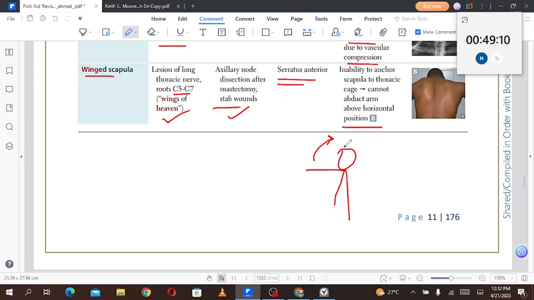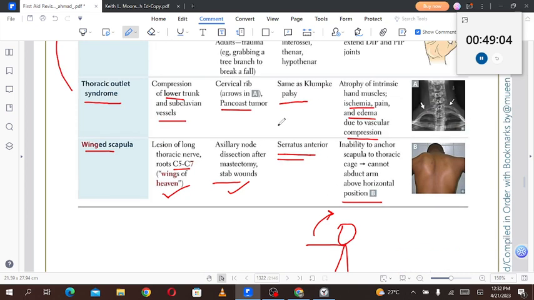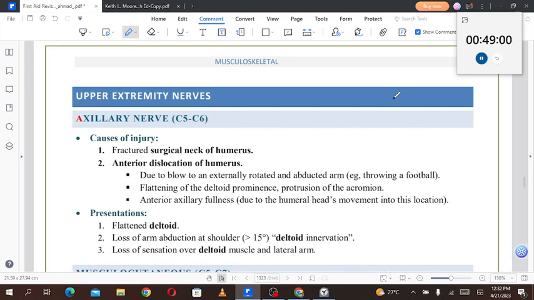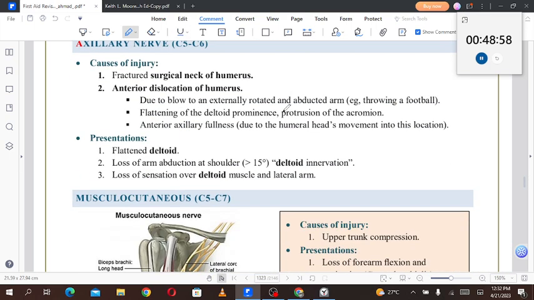These two muscles help in that motion, but if the serratus anterior is damaged, we cannot abduct our arm more than 90 degrees, and that condition is called winging of the scapula.